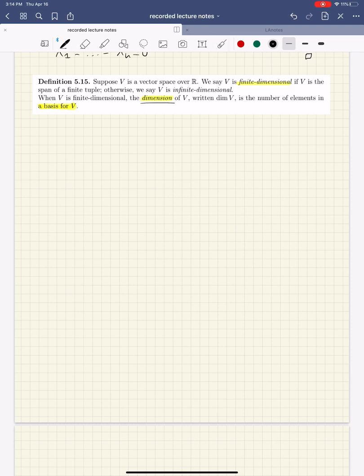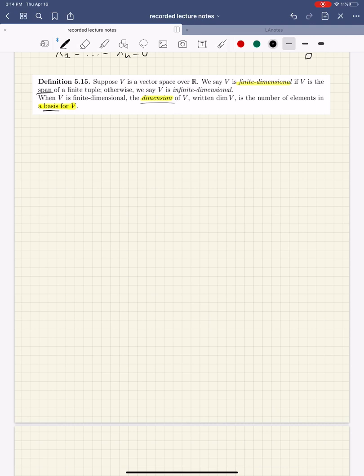We say it's the number of elements in a basis, but you defined finite dimensional by the spanning set. So the first thing you have to check is that if you have a vector space spanned by a finite set, then you can actually find a basis for V that is finite.